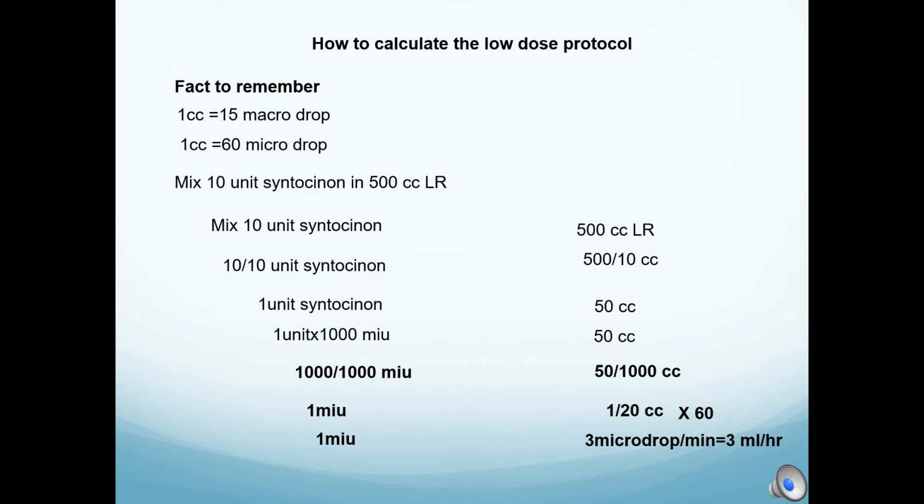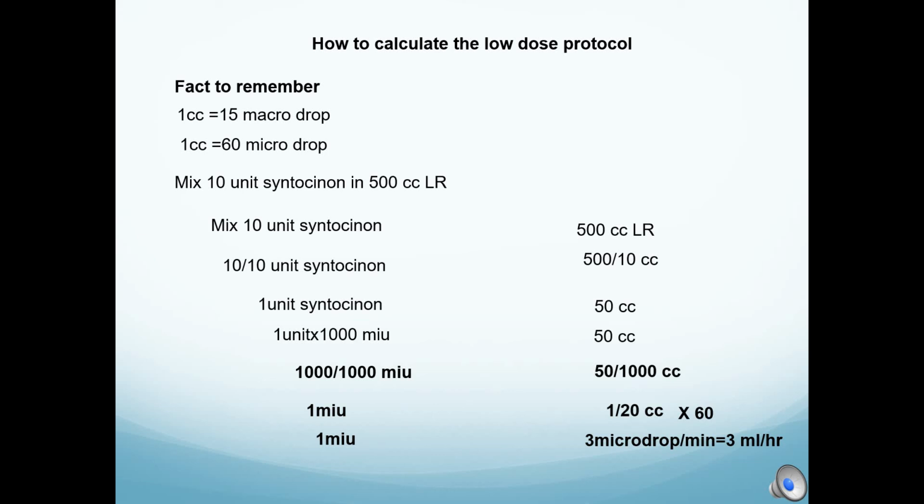What about milli international units? We have to multiply by 1000 to change the 1 unit to milli international units. So 1000 milli international units will be equal to 50 cc. If you want to calculate 1 milli international unit, we divide by 1000, and 50 divided by 1000 is 1 over 20. So every 1 milli international unit equals 1 over 20 cc.